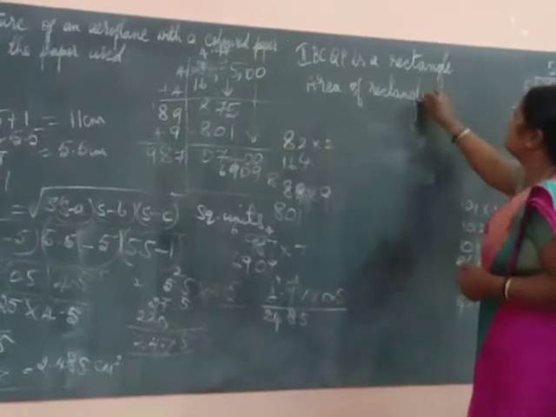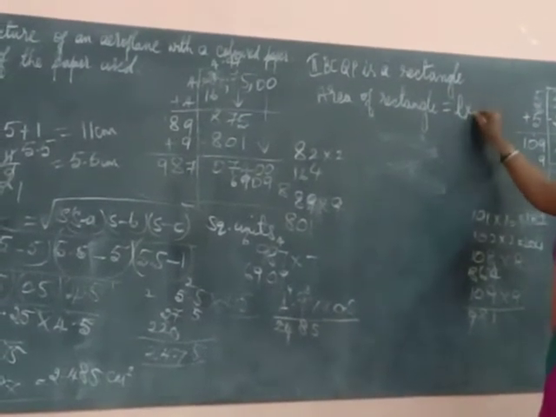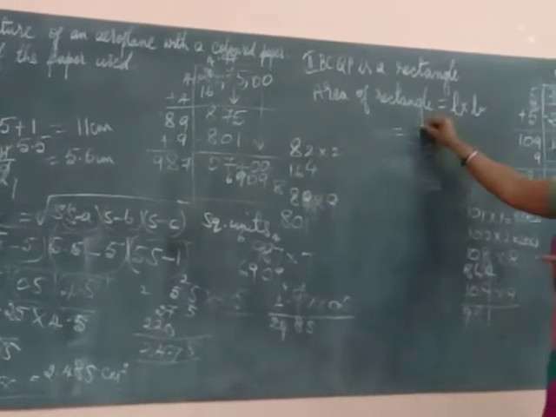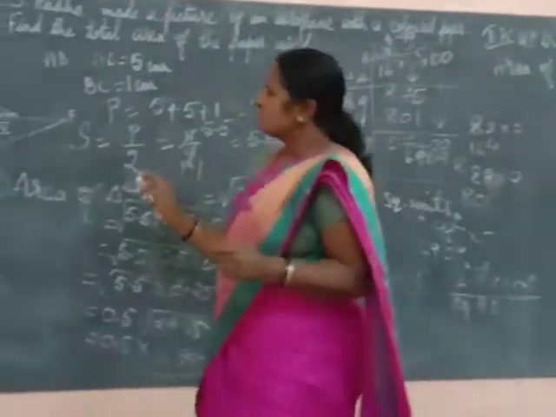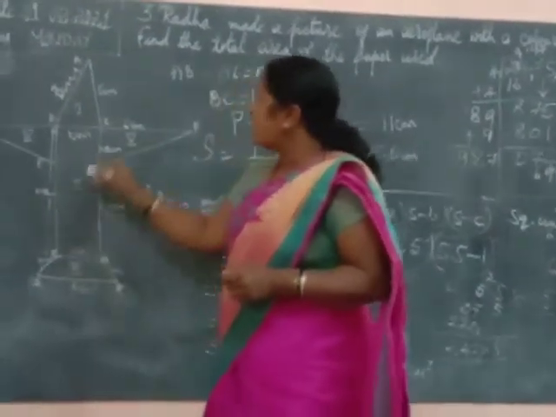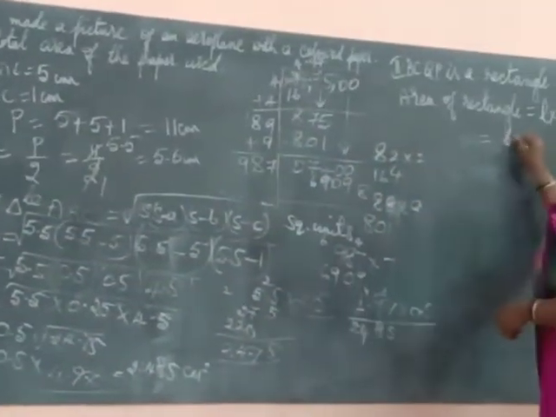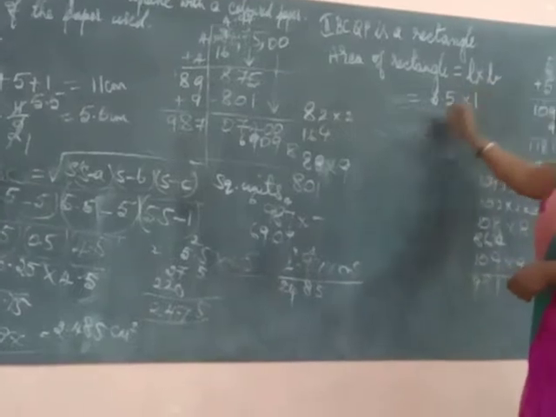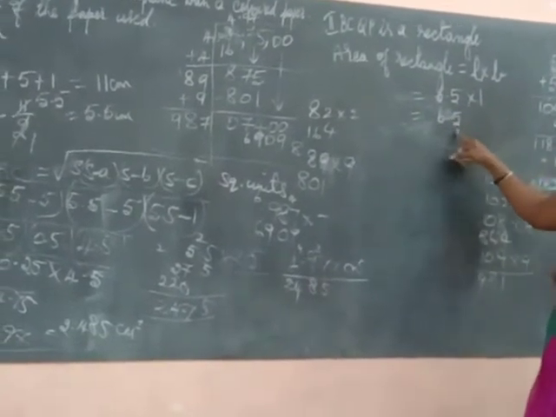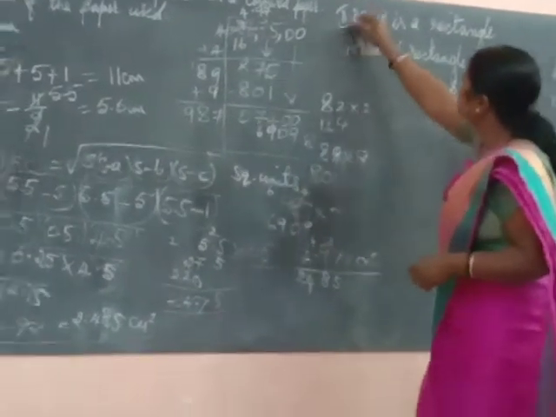Area of rectangle is equal to length into breadth. Length is 6.5 and breadth is 1 centimeter. So 6.5 into 1 is equal to 6.5 centimeter square. Now we got the second part.